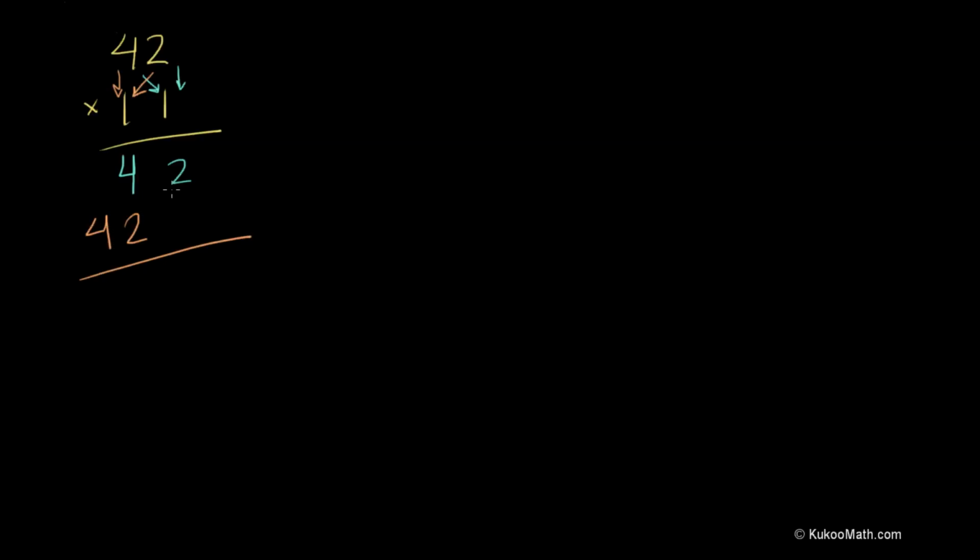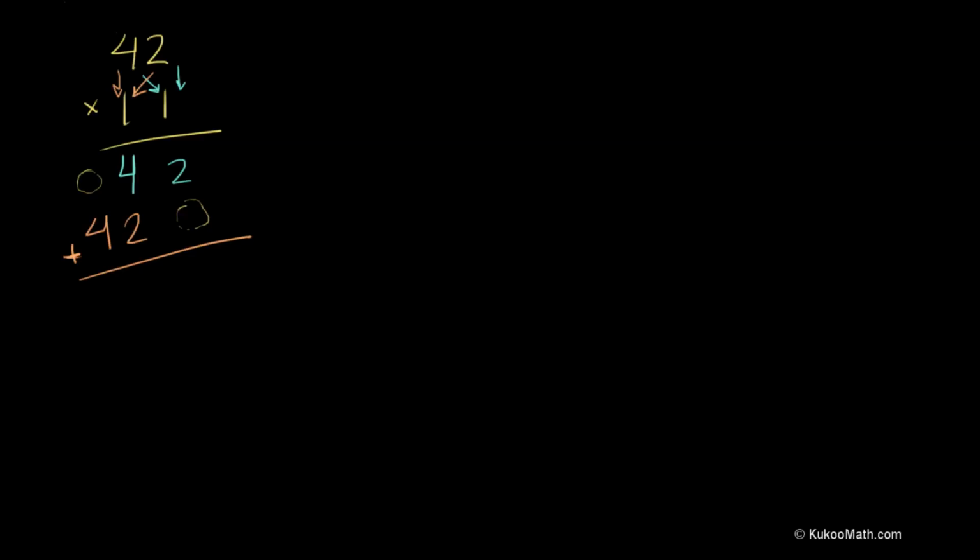Now we have a total of 3 columns, and the next step is to add them going down. Because they overlap by one column and have some overhang over here and here, we're going to pretend there's imaginary zeros there. So pretend there's a 0 here and a 0 here.